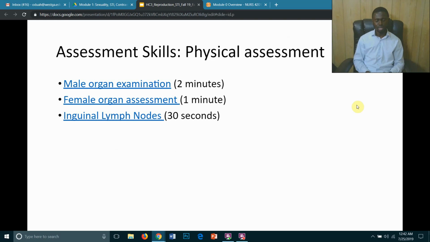So these assessment skills you have already seen on the previous presentation, and I just want you to once again look at it and see how these assessments are performed.